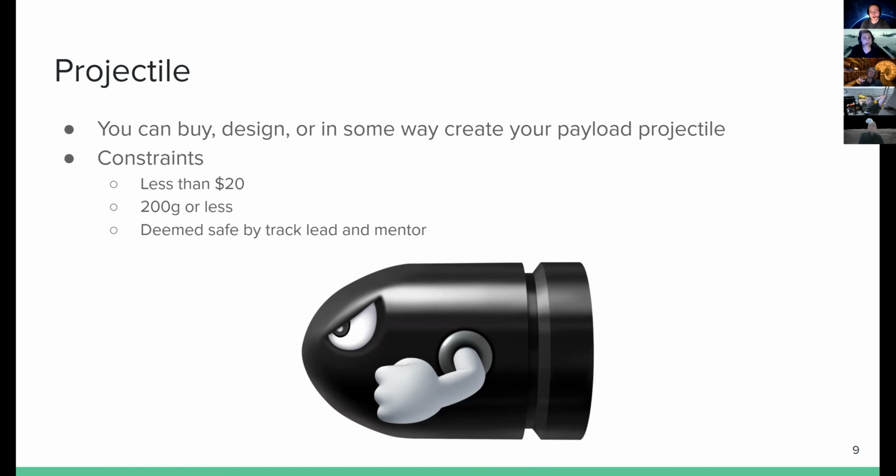So if you want to have a projectile that's super spiky or something, if we feel like it flying through the air poses a legitimate danger to anybody, we're not going to do that. You're going to notice a theme here with the safety that we're going to emphasize. We just don't want anyone to get hurt, and we definitely don't want Northeastern mad at us about approving something that's not safe. So it's got to be safe.